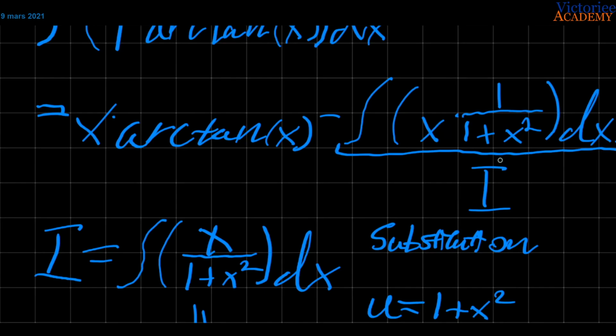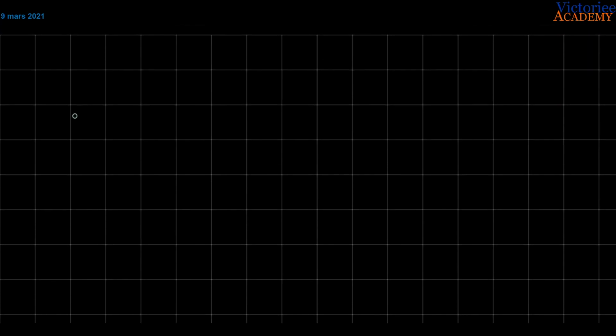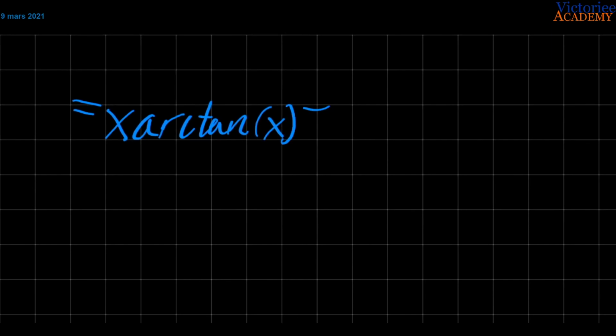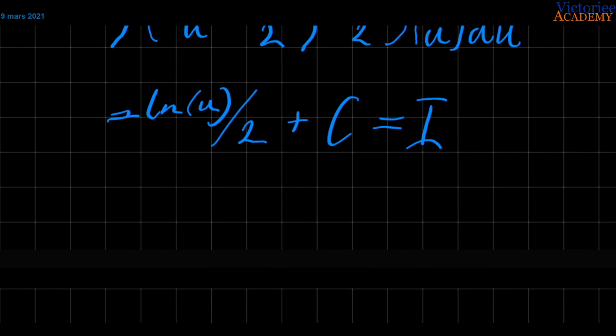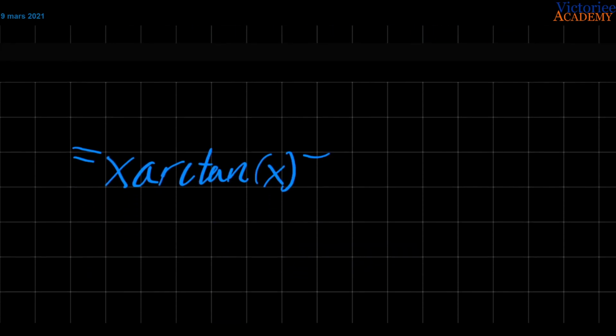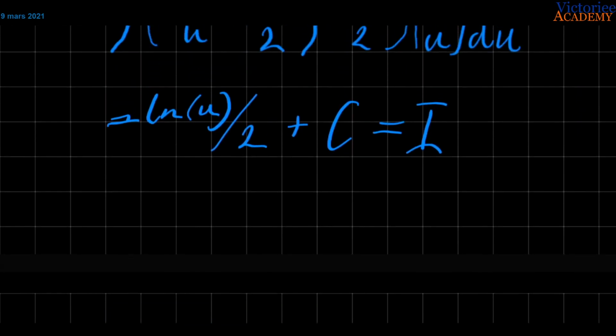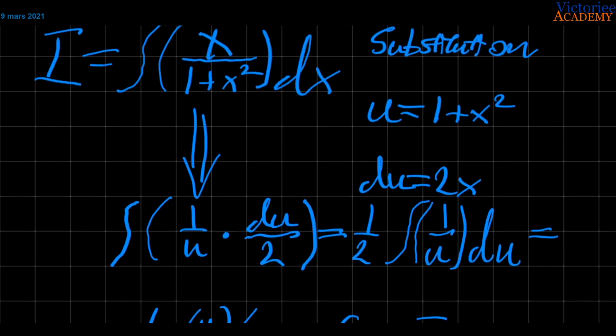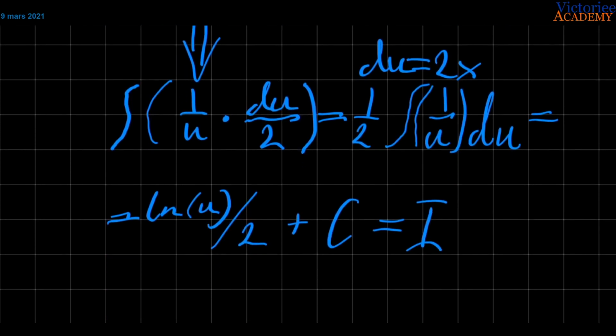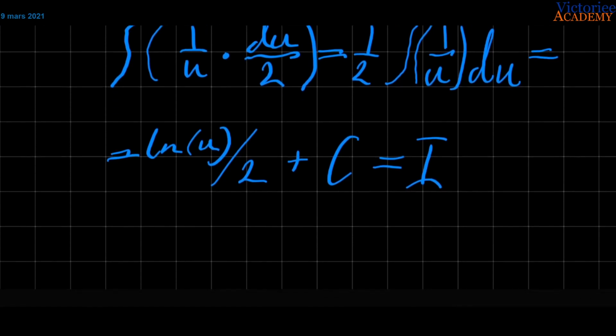So then we have to just replace this in here. So x times arctan of x, let's remember that. Let's continue with whatever we had here. We got x times arc tangent of x minus the value of I, which was this. But before I do that, let's resubstitute. So u equals 1 plus x squared. So we can replace u with 1 plus x squared.